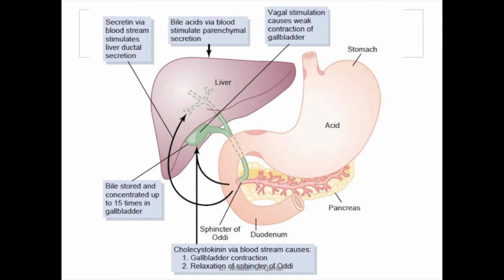Now, the vagal stimulation also causes weak contraction of the gallbladder, while cholecystokinin, which is coming via the bloodstream, causes the gallbladder to contract and the hepatopancreatic sphincter to relax. So the bile enters the duodenum. So that is the whole cycle.